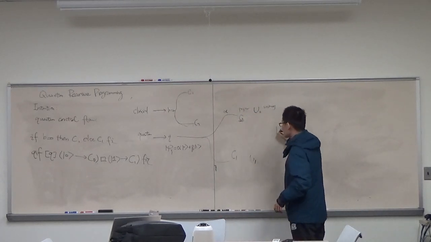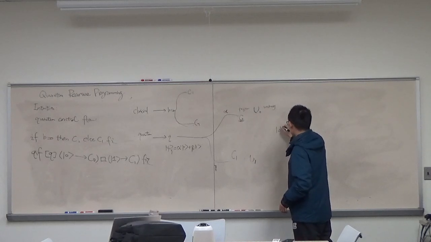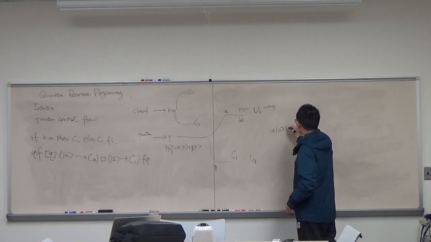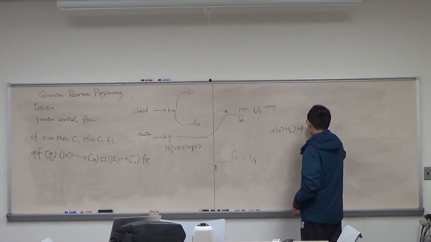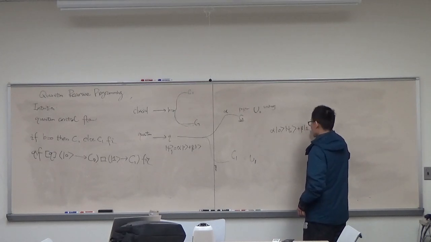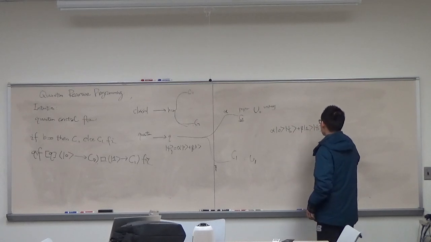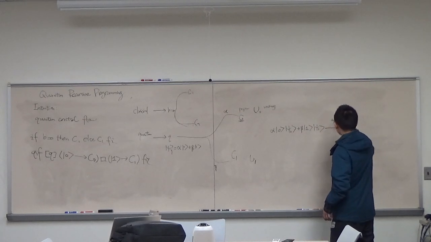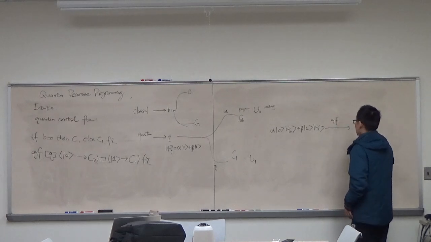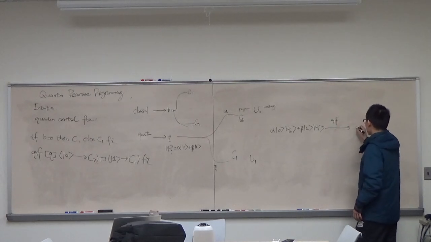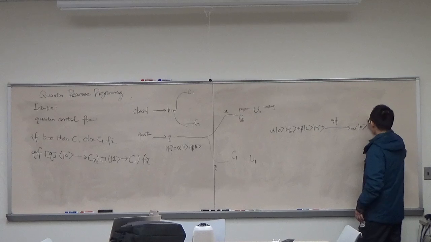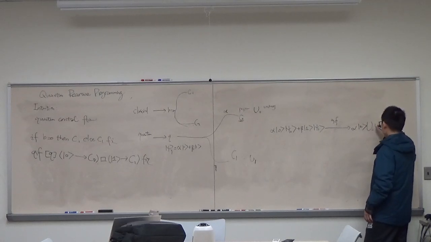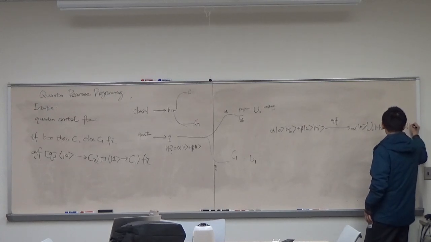If you start with the state alpha 0 psi 0 plus beta 1 psi 1, then after executing this QIF statement, we will have alpha 0 U0 psi 0 plus beta 1 U1 psi 1.